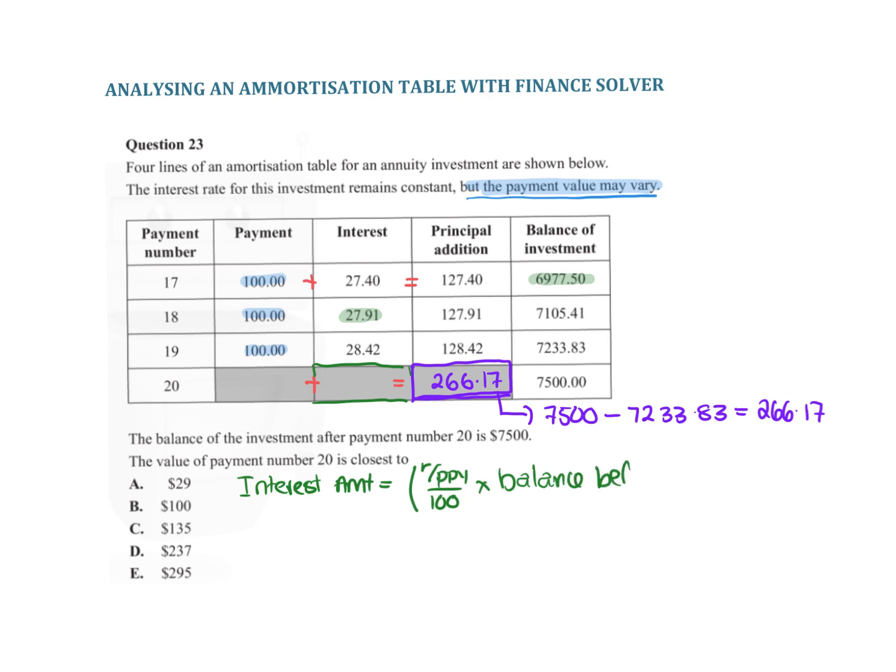So really what you're doing, when you're calculating the interest for every section, is timesing the balance before by whatever this number ends up being.